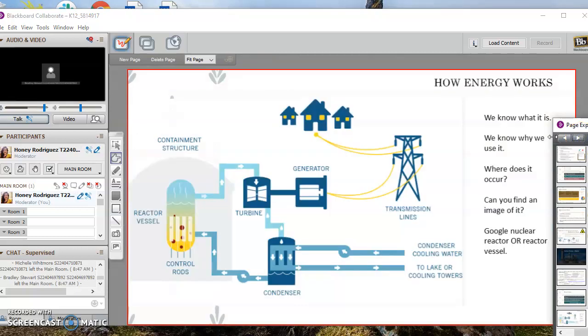So scientists are using nuclear reactors, or reactor vessels, to crash neutrons into uranium atoms, and that causes heat, and that heat turns into steam. The steam is then used to turn a turbine, and that turbine provides energy to a generator so that we can get the electricity we use in our homes.